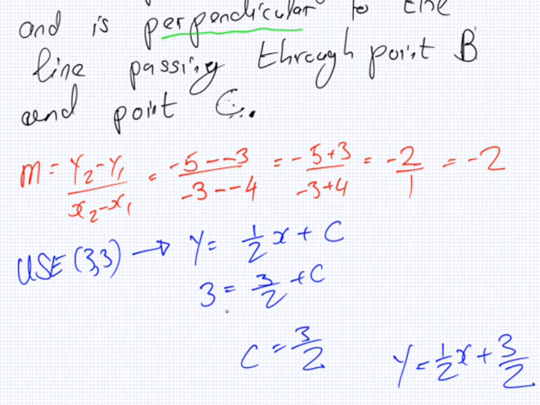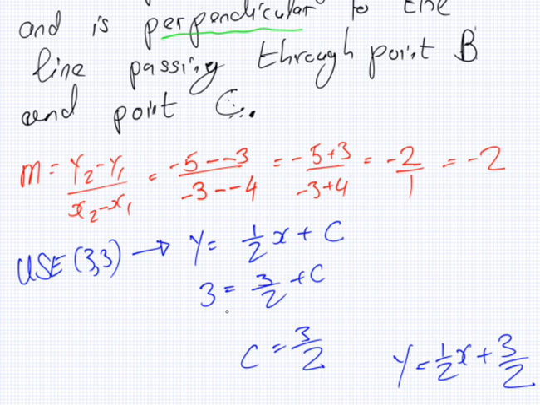What we'll do is find the slope from B to C. That's these two. Now you have a formula to do that: y2 minus y1 over x2 minus x1. From B to C, we'll call this x1, y1, x2, y2.